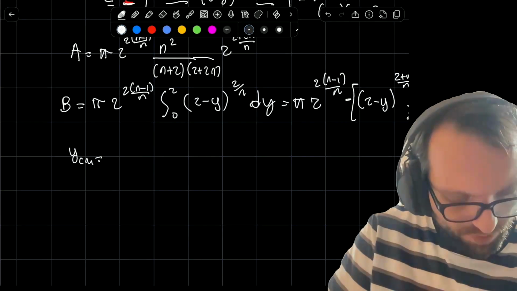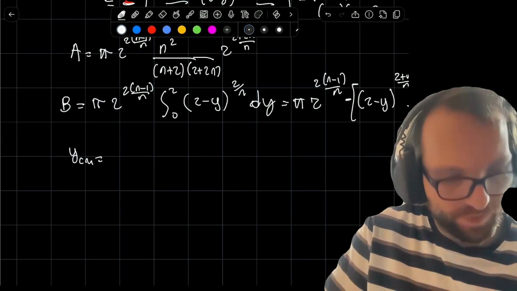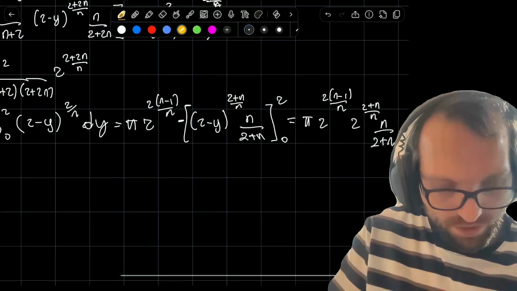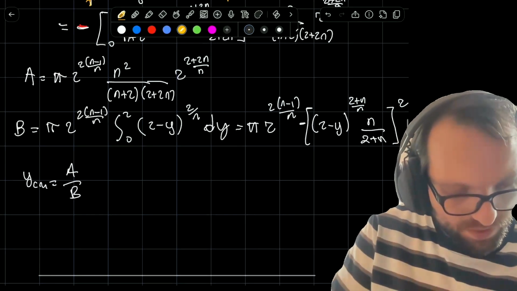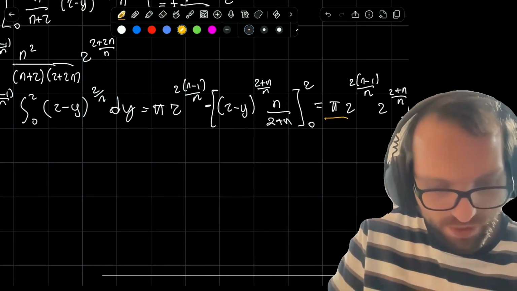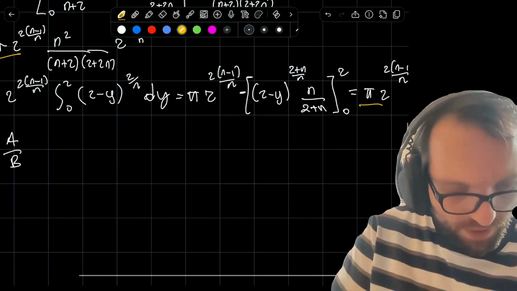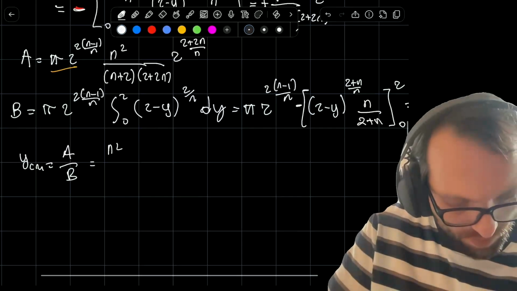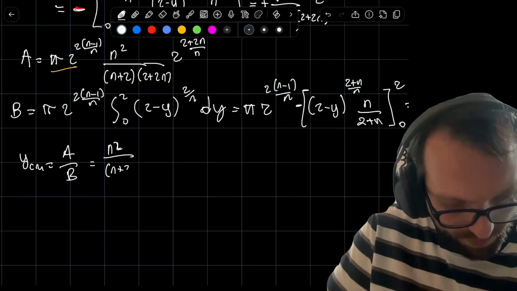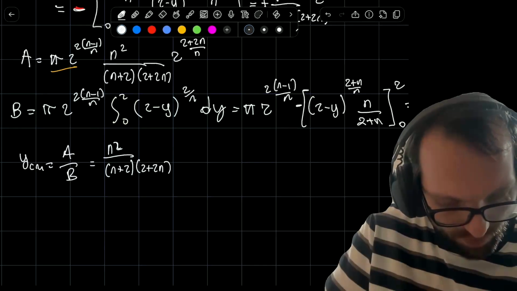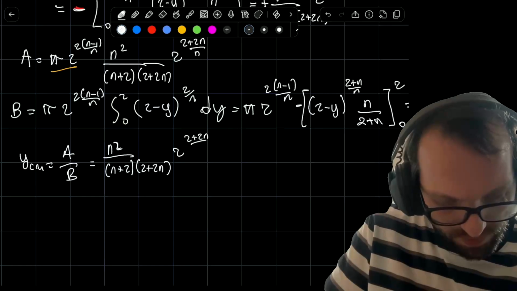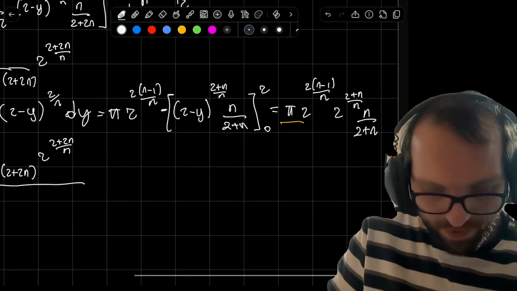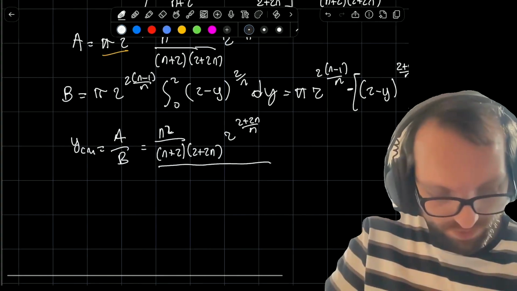Now we can do the ratio finally, the ratio of A divided by B. The very nice thing is that this part goes away, so I don't even need to put that. So what we have is n squared divided by n plus 2, 2 plus 2n, this is A, divided by this other term here.